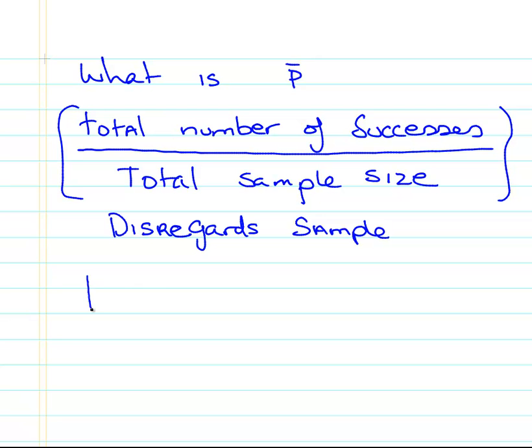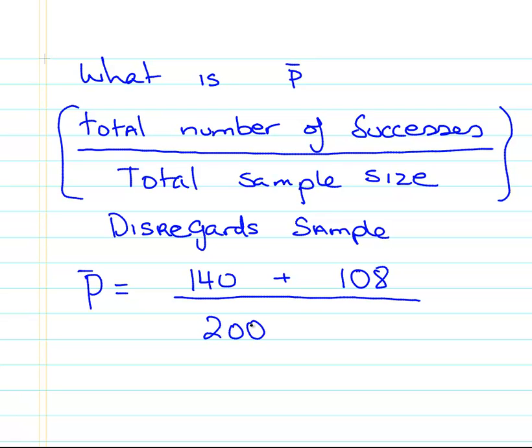So how do we calculate that? P bar: we had 140 successes from A plus 108 successes from B, so that's 248. All over, we have a sample size from A of 200 and a sample size from B of 180.